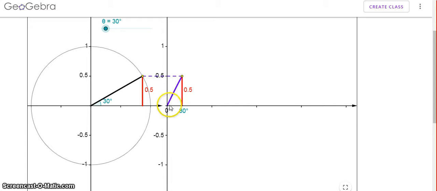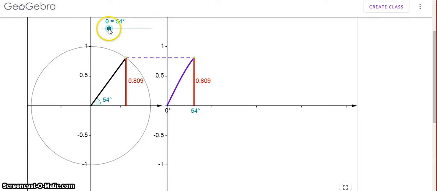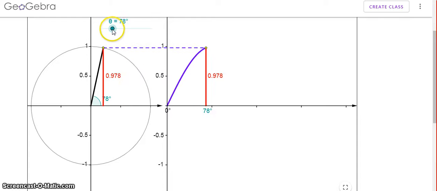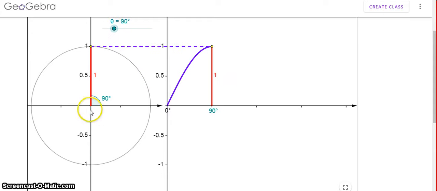Now watch what happens as I go around the circle. Here I'm at 30 degrees, so this is 30 degrees on the x-axis. The y value on the graph is 1/2 because the sine of 30 degrees is 1/2. As I continue around, when we get to 90 degrees, the sine of 90 degrees is 1, so the height of the curve here is 1.